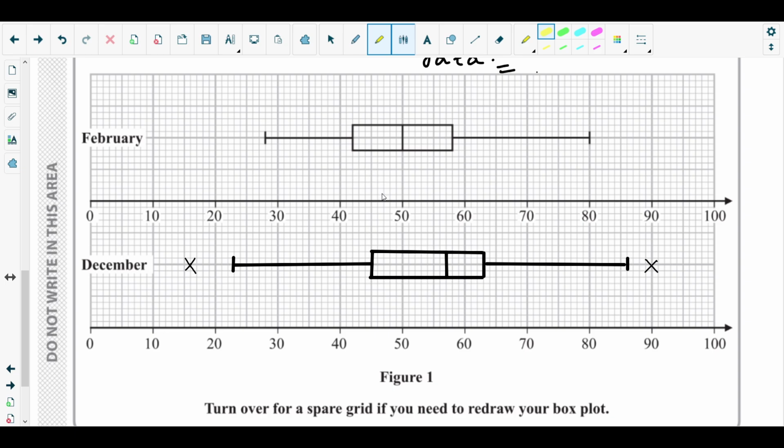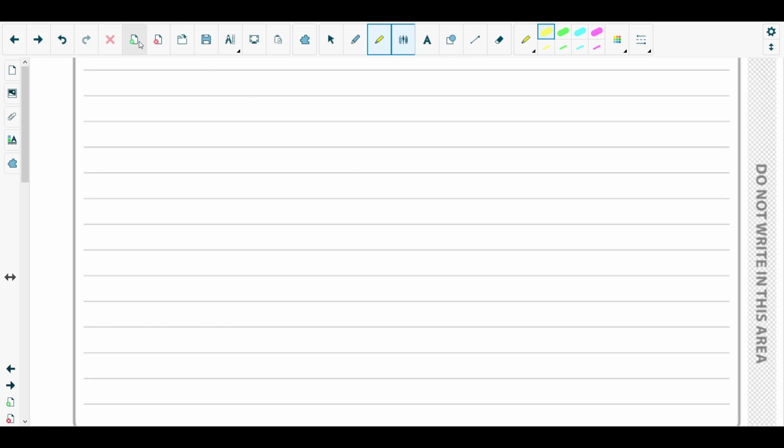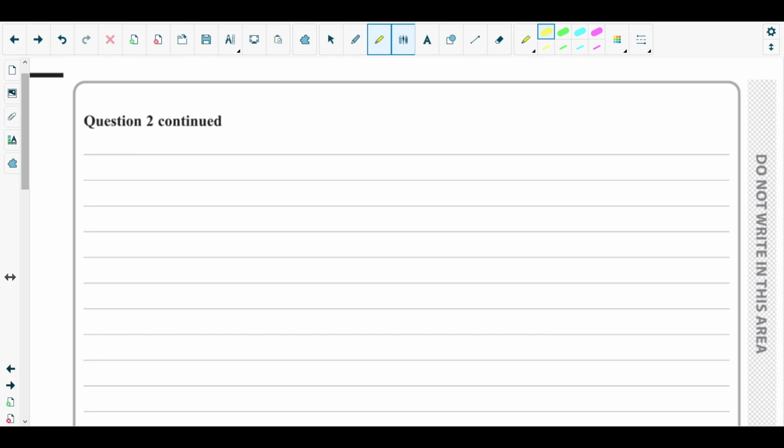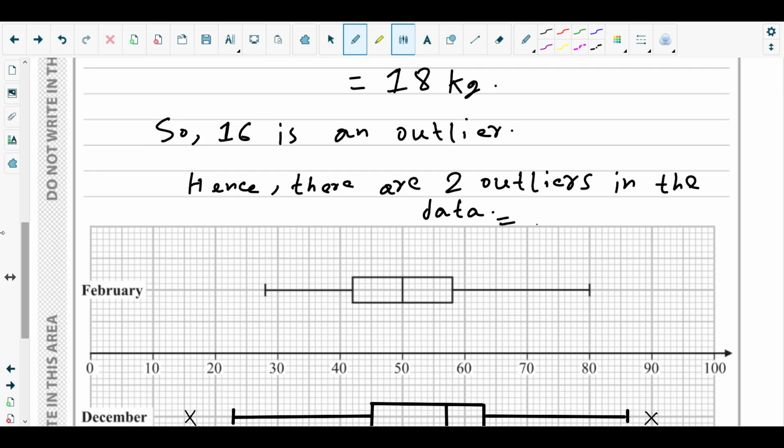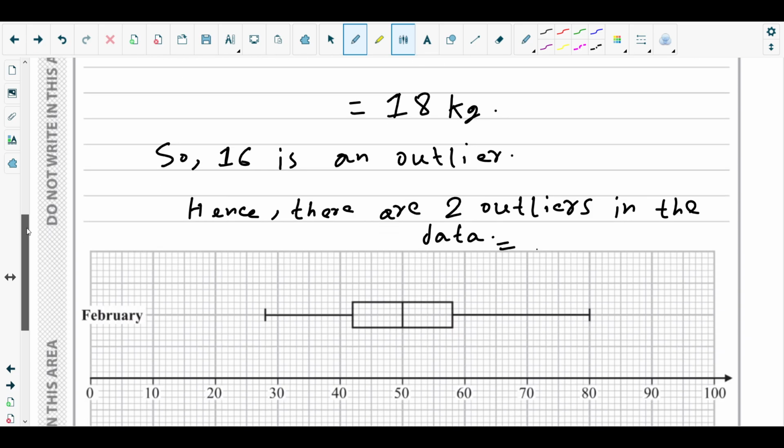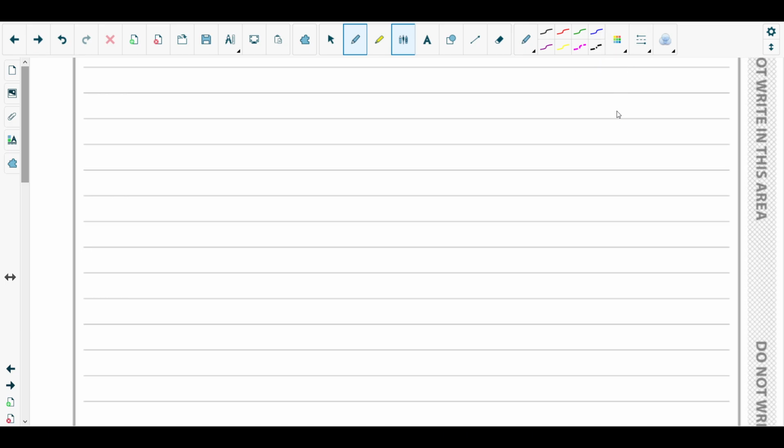So on average kangaroos gain weight in December, in the winter season, and basically in summer they lose weight. This is what we can comment on the context of the question. The box plot was on part C, and now part D.